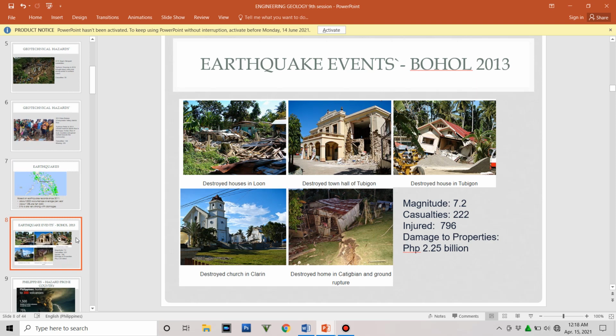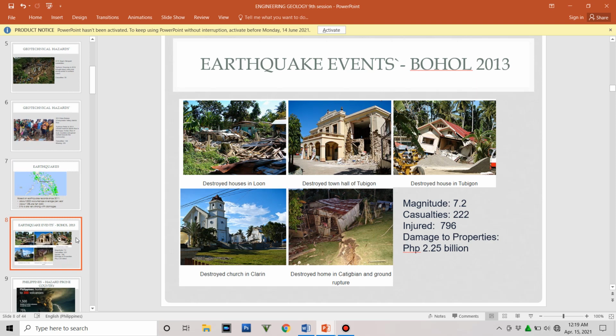The magnitude is 7.2 with a casualty of 222, which includes 796 injured, and the damage to properties pegged up to 2.25 billion worth of damages to public buildings, roads, bridges, flood control projects.